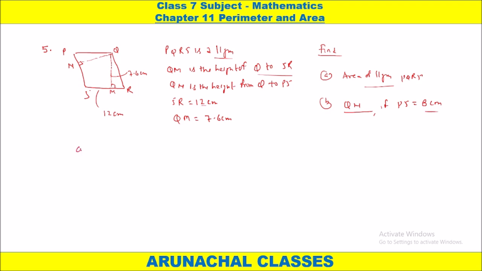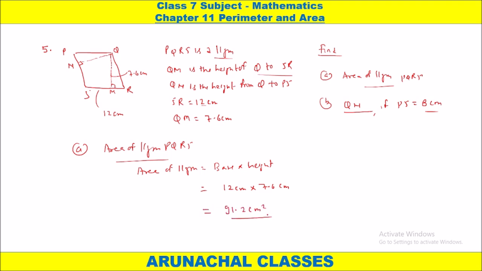So let's have the first one, A, that is area of parallelogram PQRS. Here we have area of parallelogram is given as base multiplied with height. So the base value is SR, that is 12 centimeter, and height is given as 7.6 centimeter. If I multiply these two values, it will be 91.2 centimeter square. That is the area of parallelogram.